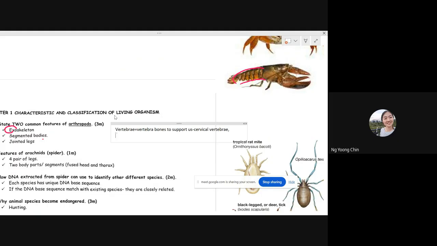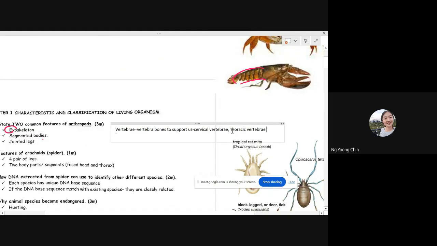The cervical vertebrae refer to the bones located in our neck. And then we also have the thoracic vertebrae, which refer to the bones that cover the upper part of the body, including your rib cage, your lungs and your heart.